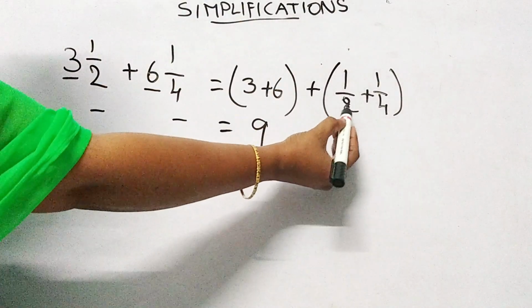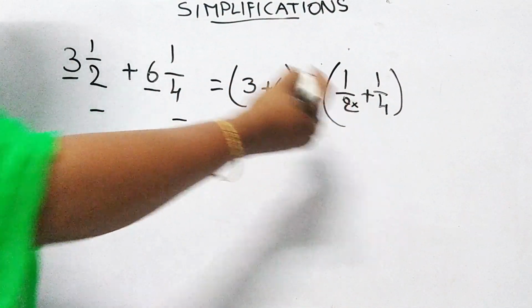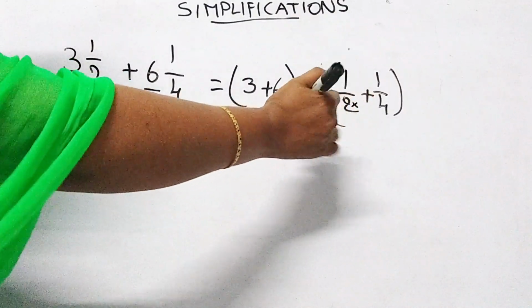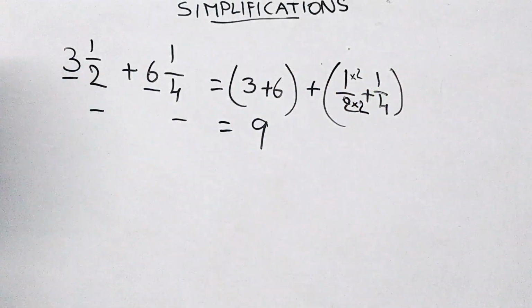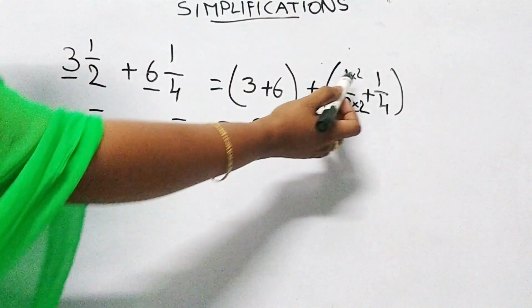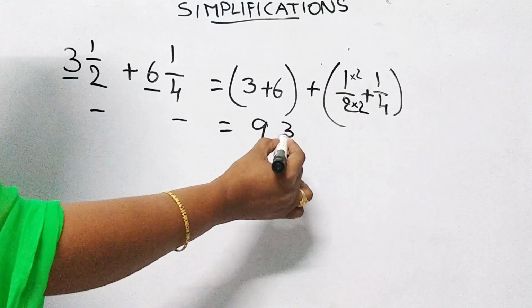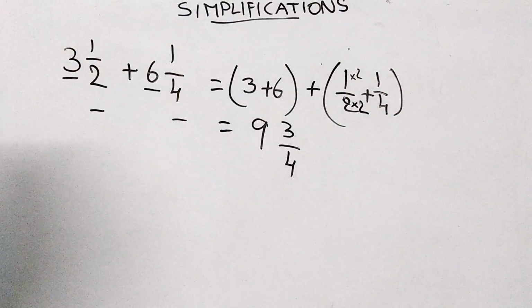So just make these two denominators equal. 4 is here. How do we make this 2 equal to 4? By multiplying with 2. So multiply this also with 2 and write the fraction here. 2 ones are 2 plus 1, 3 by 4. So this is the answer.